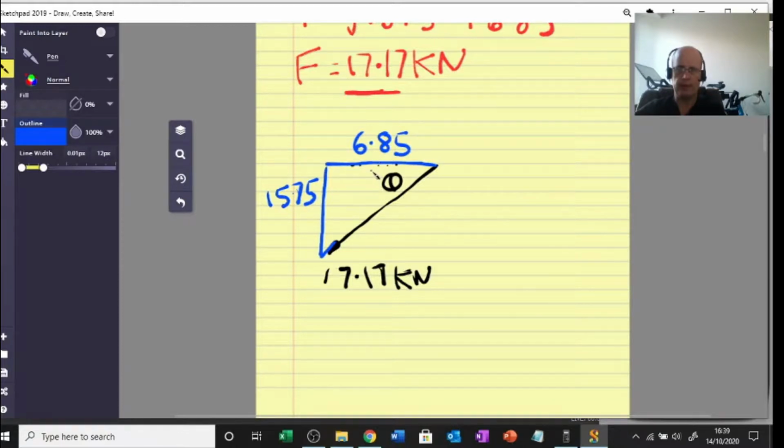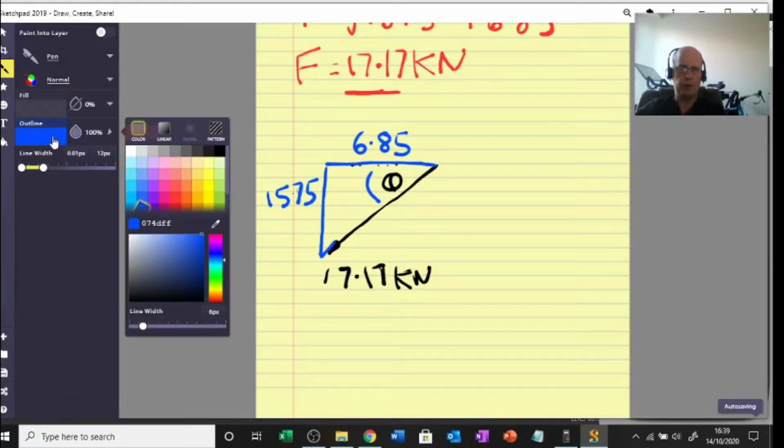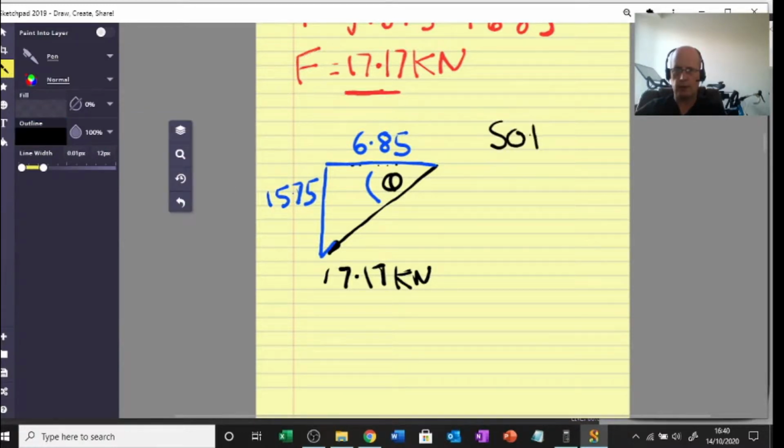Now we need to find the angle. Hopefully you've done a bit of this before. Sine and cos and tan, triangles.